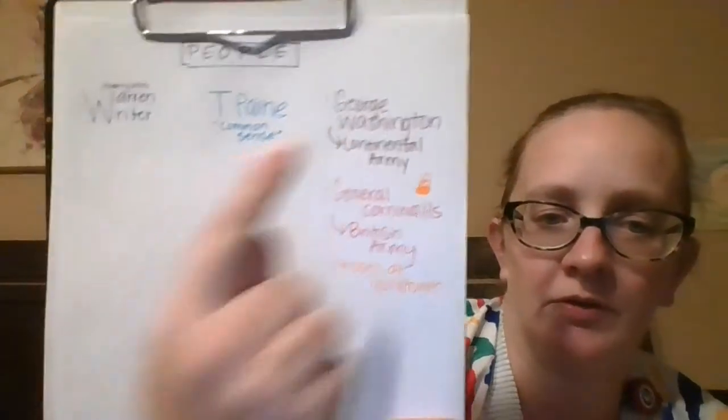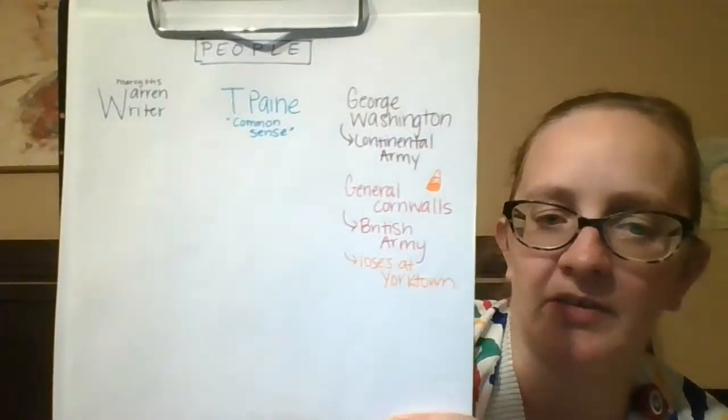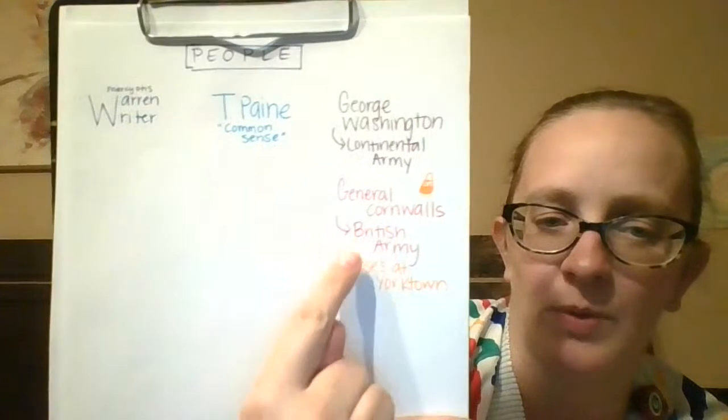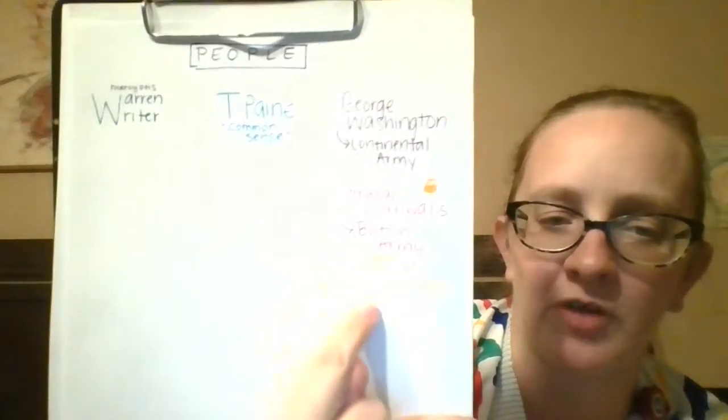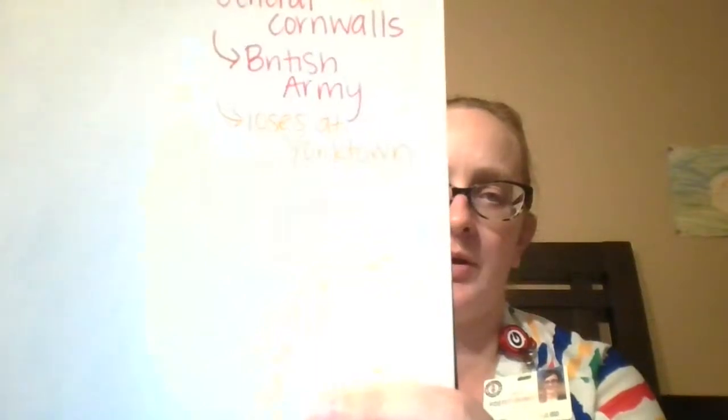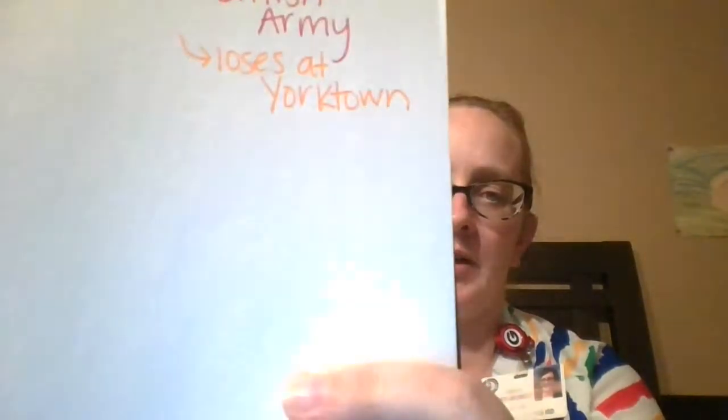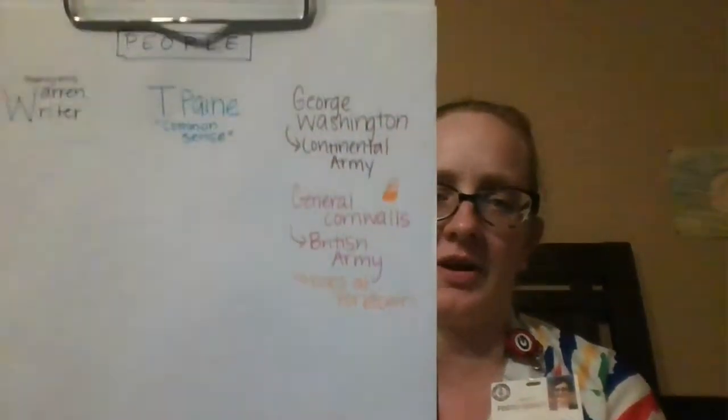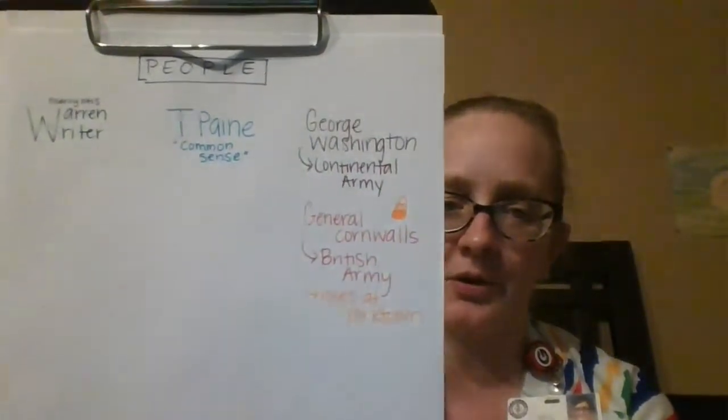So George Washington is leader of the Continental Army. General Cornwallis is the leader of the British Army, and we like to call him Candy Cornwallis. And he loses at Yorktown.